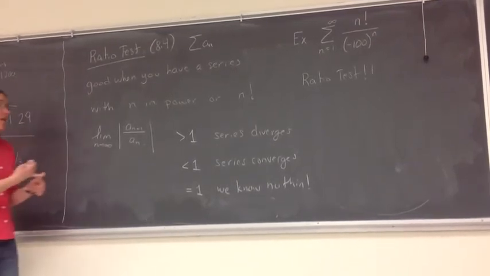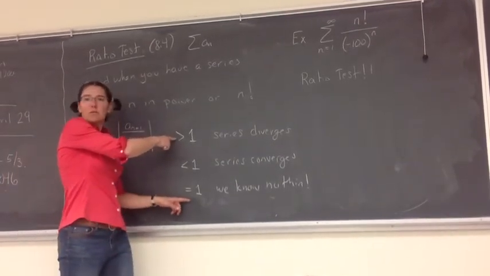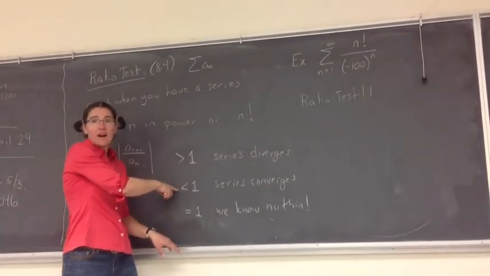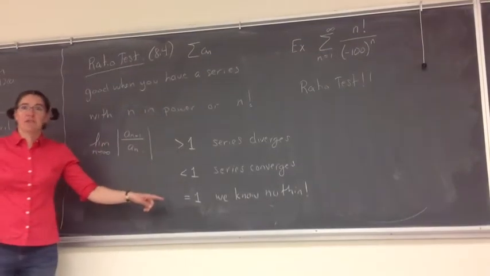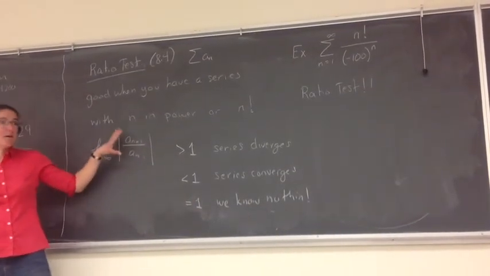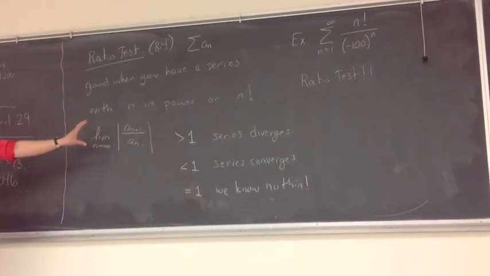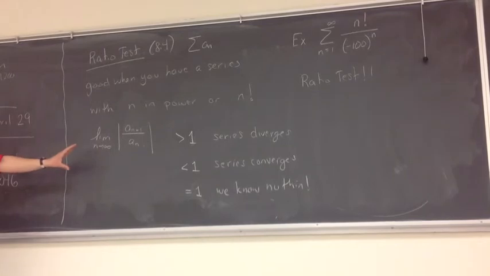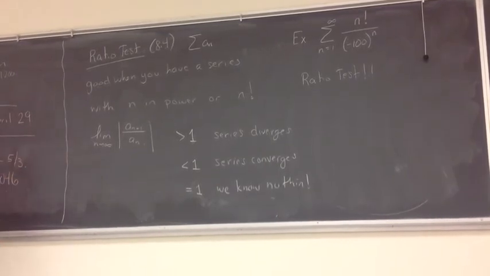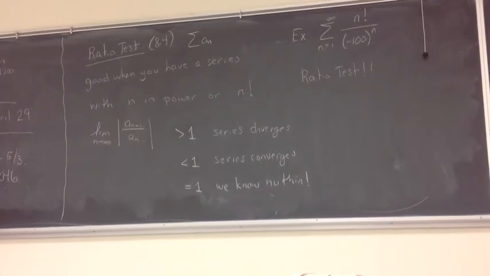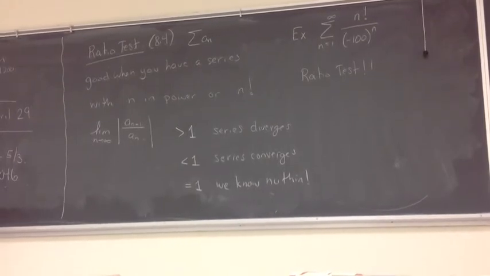When r is greater than or equal to 1, the series diverges, and if r is less than 1, the series converges. This is a very similar test, but with a weak link: when our limit ratio is equal to 1, we don't know anything. Otherwise, it's a very similar set of rules to the geometric series. Any questions about this particular test? We went into detail on it last time; this is just a reminder.